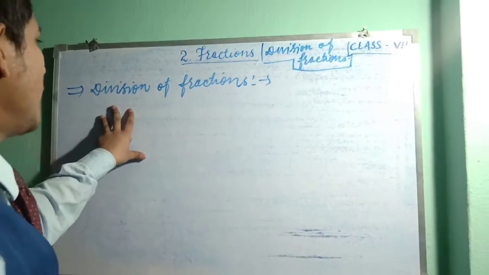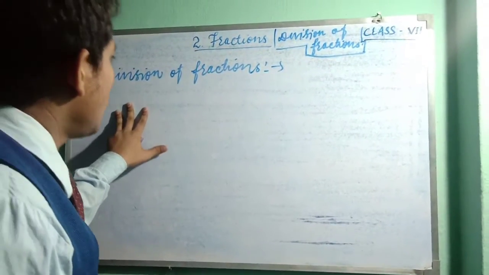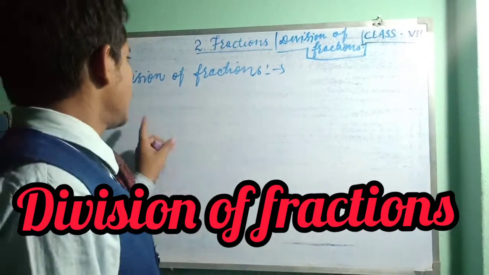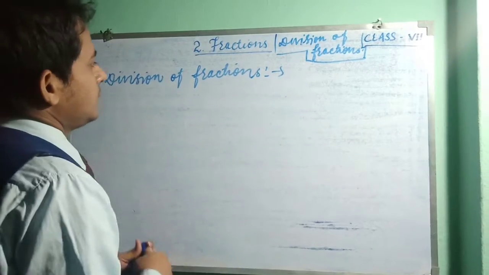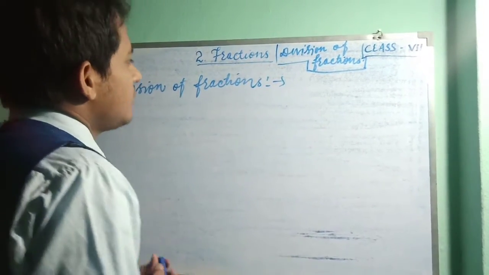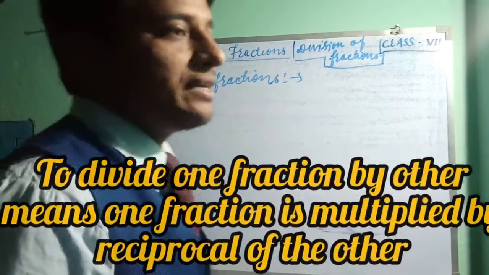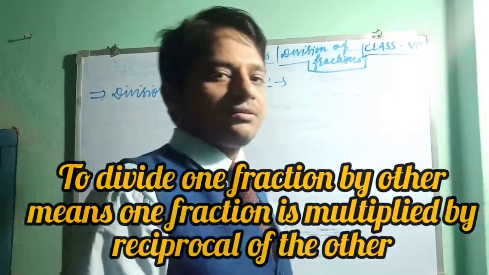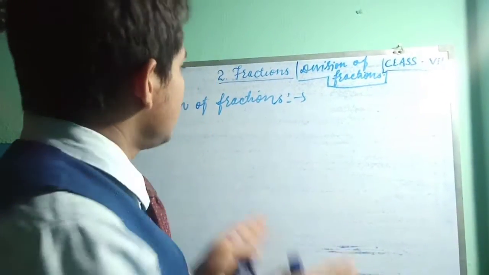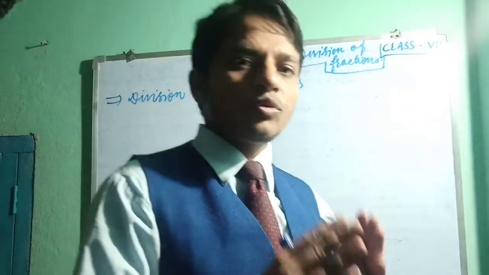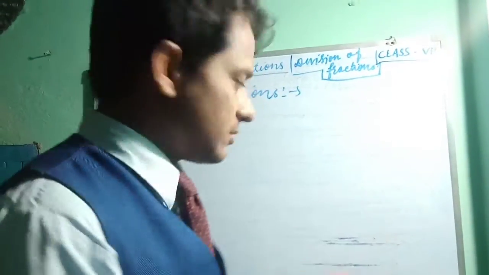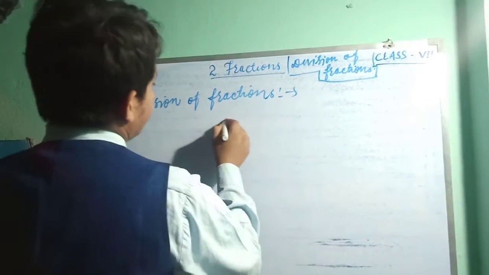Now next point, division of fractions. To divide one fraction by another, we have to multiply the first fraction by the reciprocal of the other fraction. Let us figure it out with the help of an example.